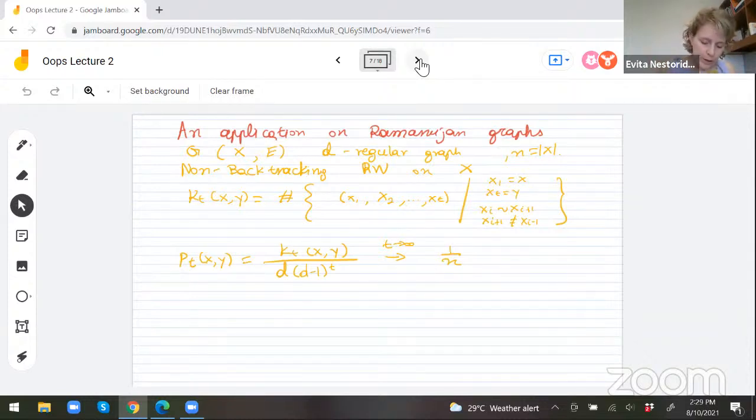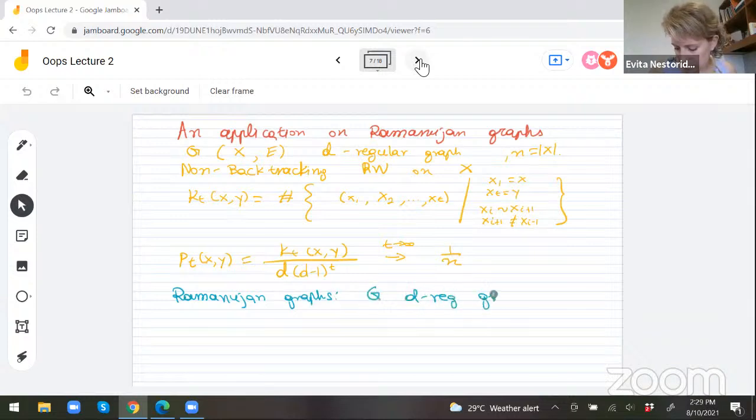Okay, and we're going to do that for Ramanujan graphs. So let me give you the definition of Ramanujan graphs. So they are indeed d-regular graphs with the property that when we look at the adjacency matrix, I'm going to write the eigenvalues a little bit differently.